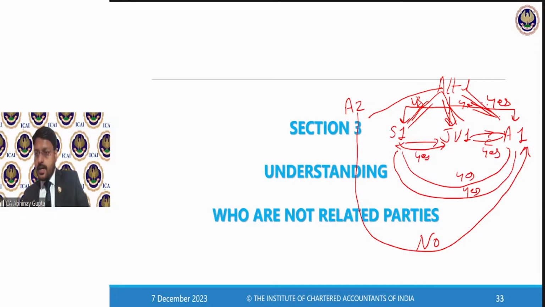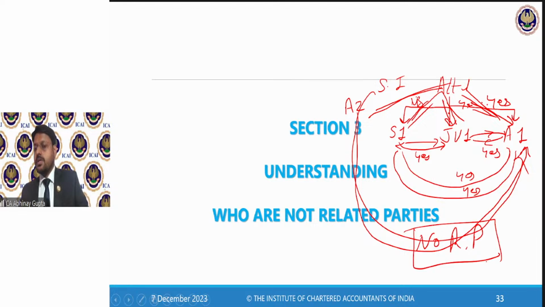But if A Limited has SI here and SI here, SI with SI is not related. So this is the crux of the story. Associate will not be related to associate. Associate will be related to the subsidiary and vice versa. Associate will be related to the joint venture and vice versa. But associate with associate, there wouldn't be any relationship, right?